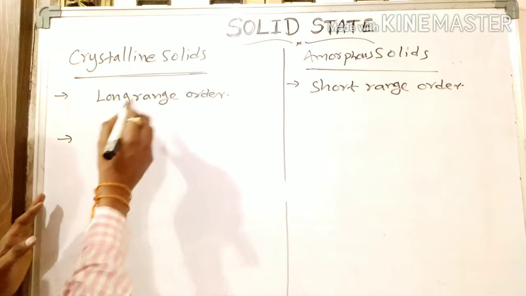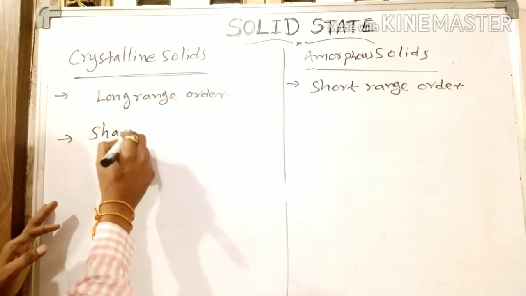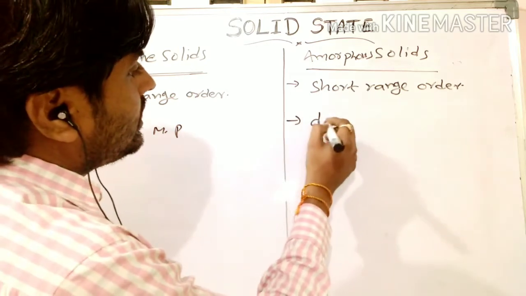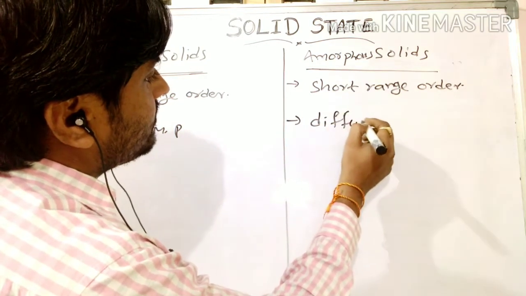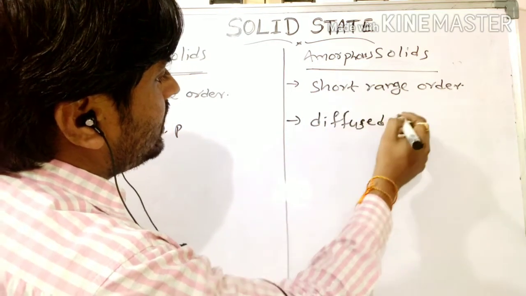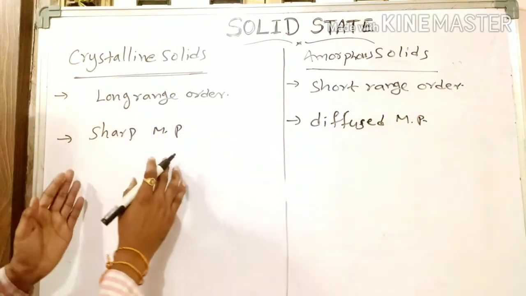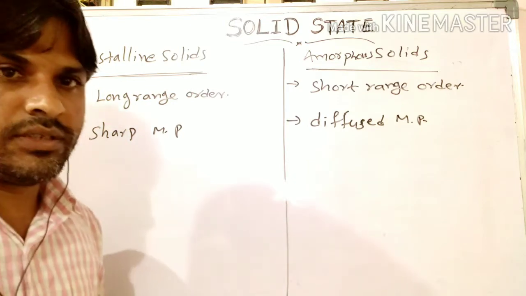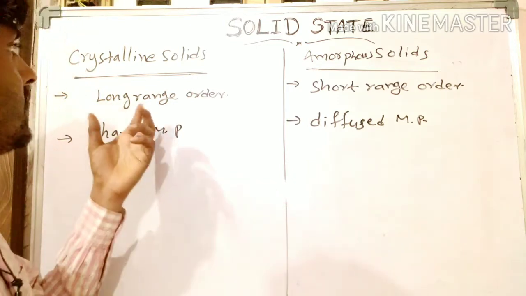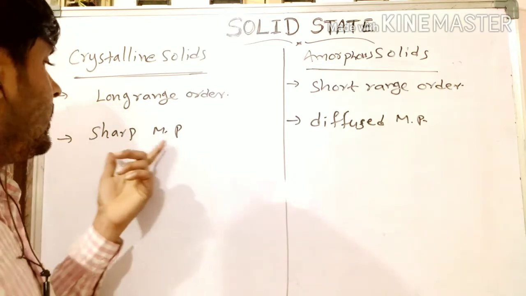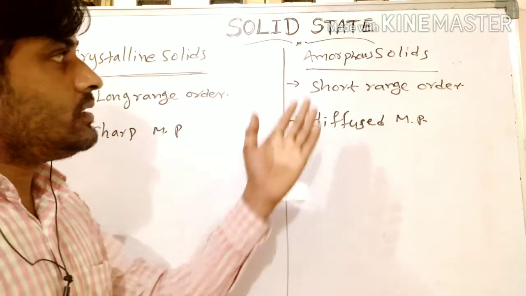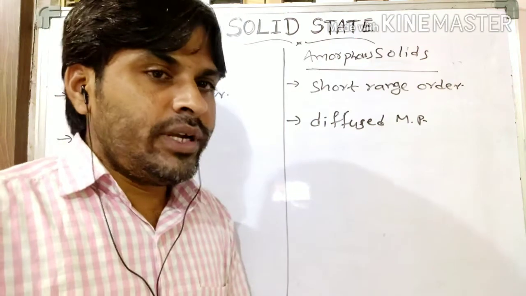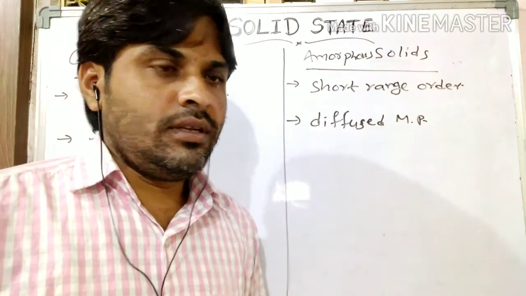Crystalline solids have a sharp melting point, but amorphous solids have a diffused melting point. Sharp melting point means crystalline solids melt at a particular temperature.